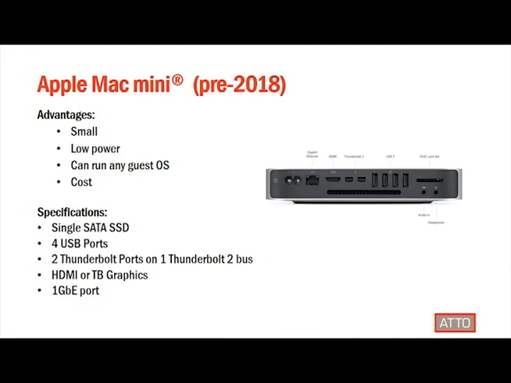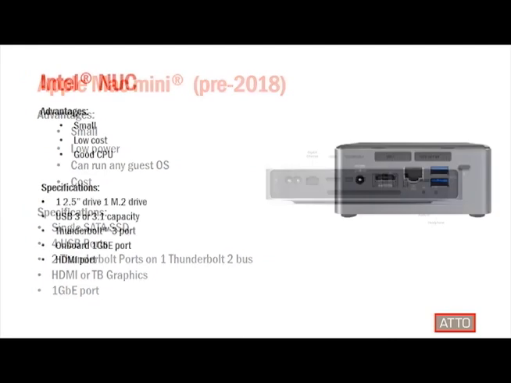With the Mac Mini, even smaller than the Mac Pro, same advantages, a little bit lower power on the CPU, a little bit lower of a maximum on the RAM. Again, we've got Thunderbolt 2 ports on this, HDMI graphics, and built-in gigabit management ports.